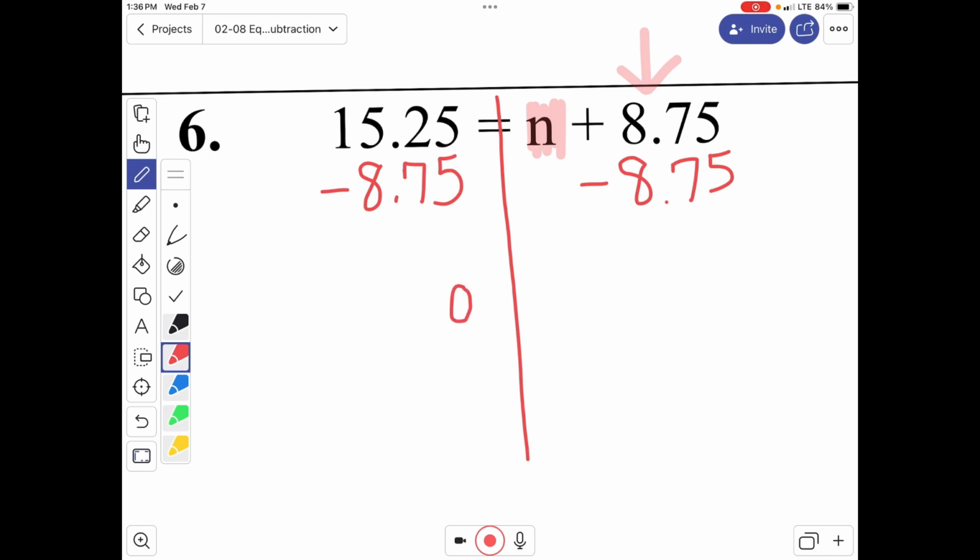So 5 minus 5 would make 0. Can't take 7 from 2, so I have to borrow. 12 minus 7 is 5. And then 14 minus 8 is 6. So that is 6.5. Equal sign straight down. These canceled, so the only thing left on the right is n.